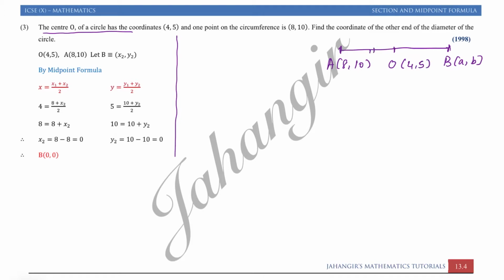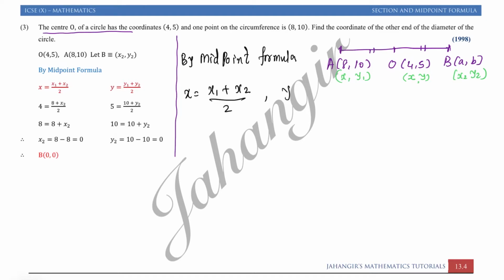The center of a circle divides the diameter into equal halves, as we know, it's a radius. So if we write x, y, this is x1, y1, this is x2, y2. So what can I say? I can say, by the midpoint formula, x is equal to (x1 plus x2) divided by 2 and y is equal to (y1 plus y2) divided by 2.